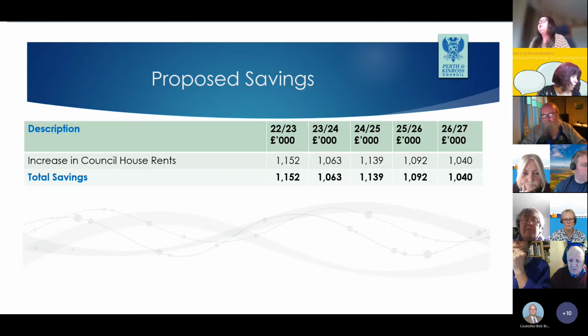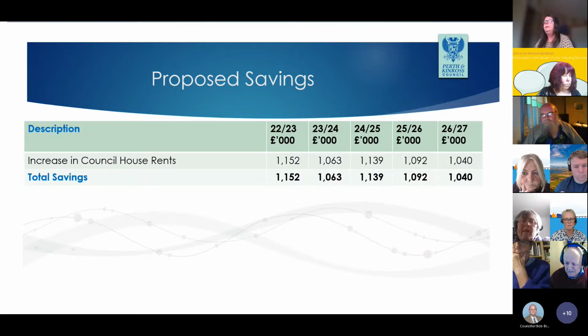For the future years, from 23-24 up to 26-27, it's based on our rent strategy, which we outlined in the pre-conference presentation, and that is based on a 2.2% increase, although the rent strategy is reviewed on an annual basis alongside our consultation and engagement with you, our tenants, as we're doing today.